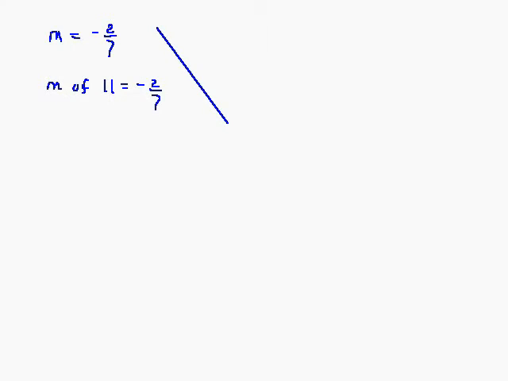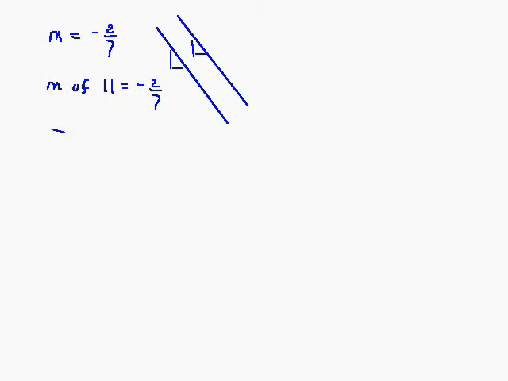Remembering parallel lines have the same slope, you would say, well, that would also have a slope of negative 2/7. What would happen is you may have a line like this that just goes through y at a different point, but the rise and the run would be the same, if you can see that. So that's why parallel lines have the same slope.